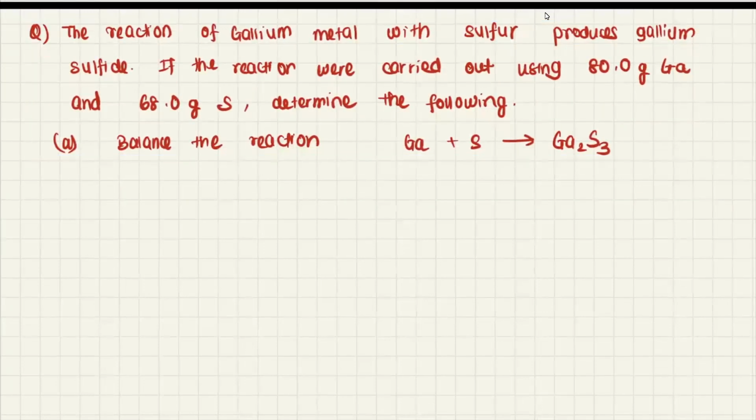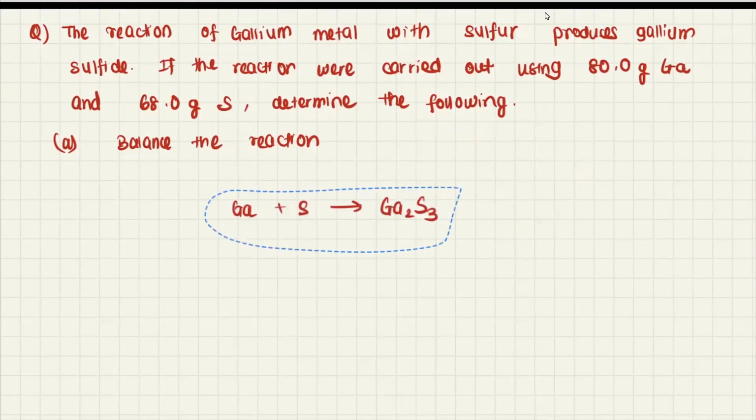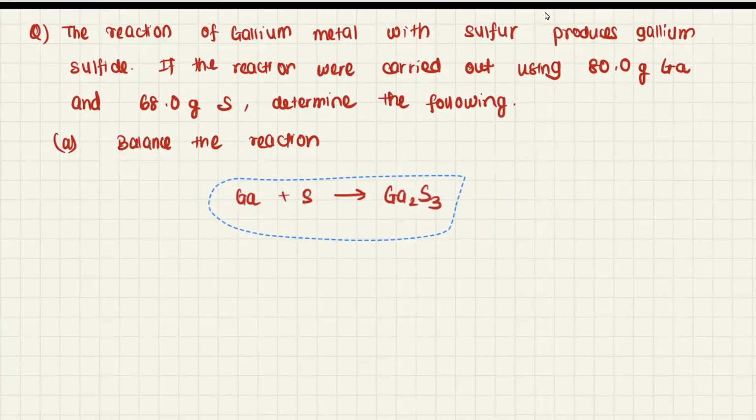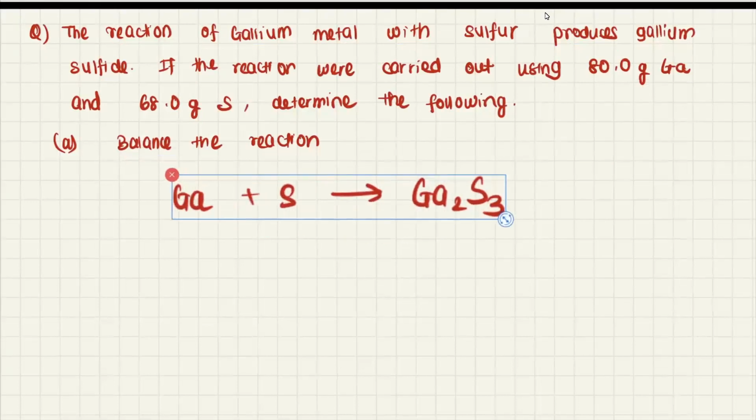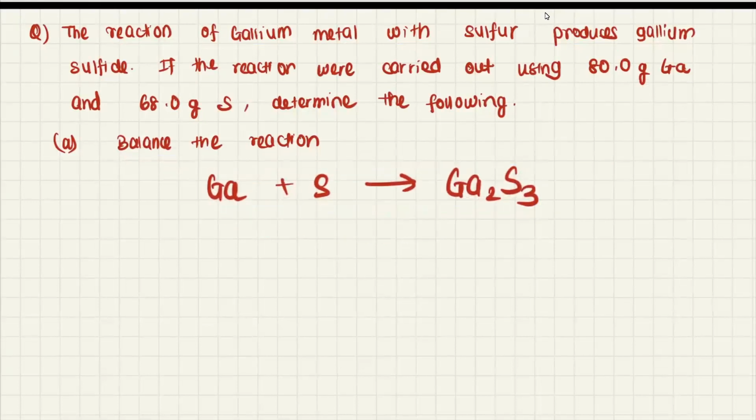The way we are going to balance the chemical equation is we first will divide it into two sides: one the reactant side, the other the product side. And then we are going to write each of the elements on both sides. So first we write gallium. We also write gallium. And we have sulfur.